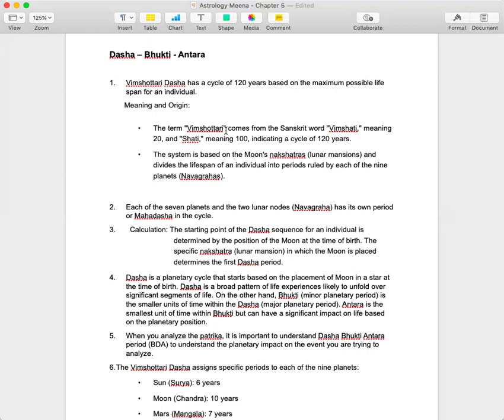Now within lunar, what effect does Mercury have? It could be a combination of Moon, Mercury, and say Rahu. So you take a long period, divide it into sections of bhukti, and that period is further subdivided into antara. That antara could also be further subdivided.